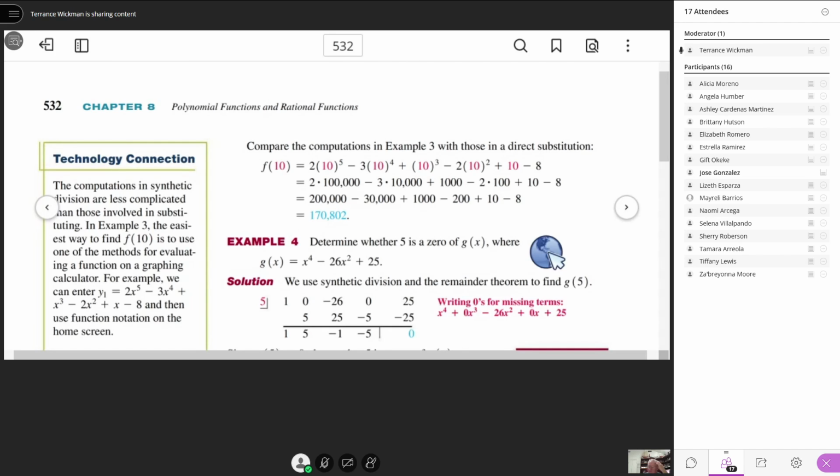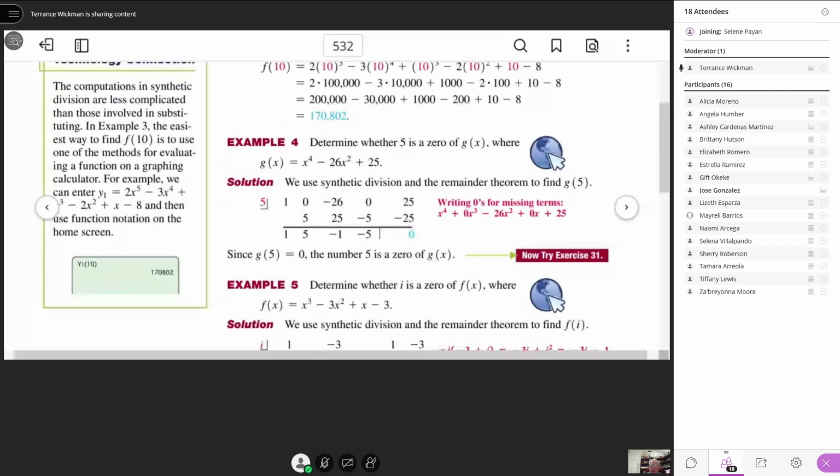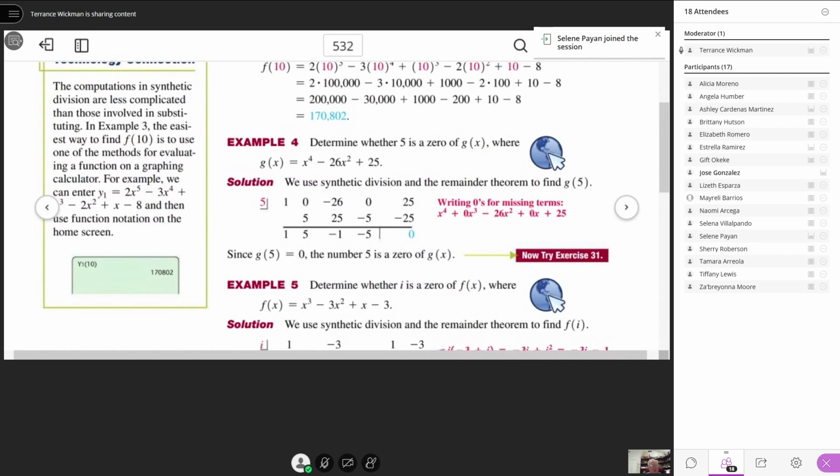Okay, so number 4. Determine whether 5 is a 0. You can do it this way, and Lizette, then you can do it your way too. So if you put 5 into the equation, 5 times 5 is 25, times 5 is 125, times 5 again, 625.